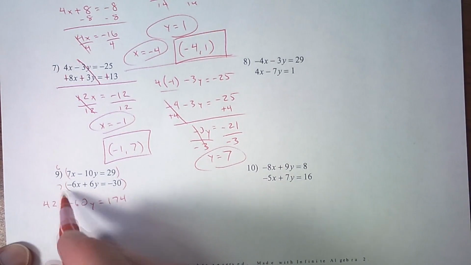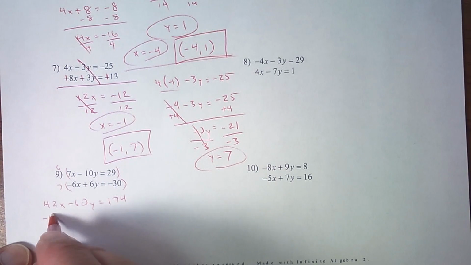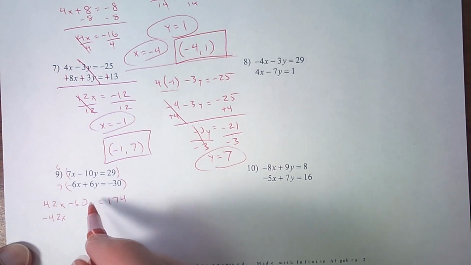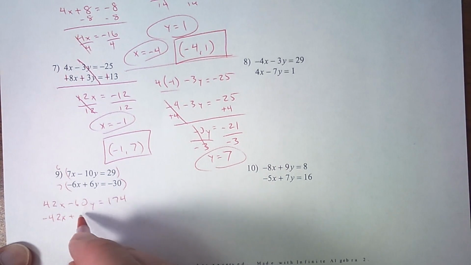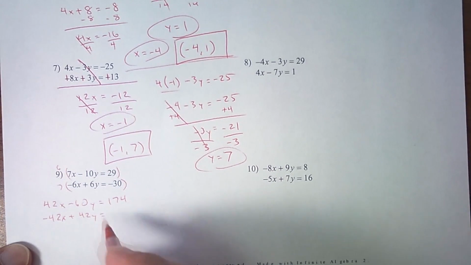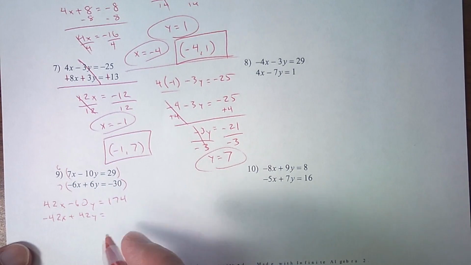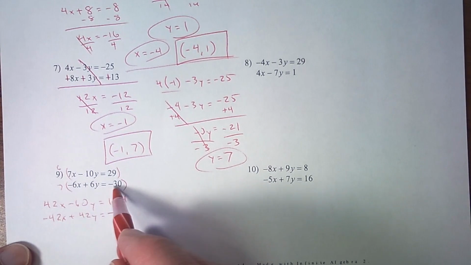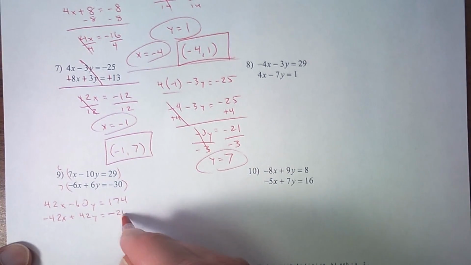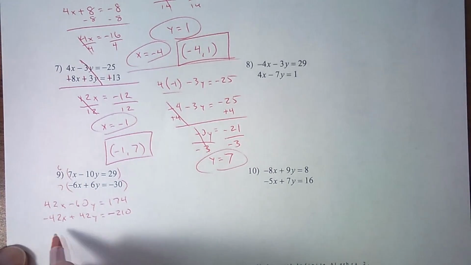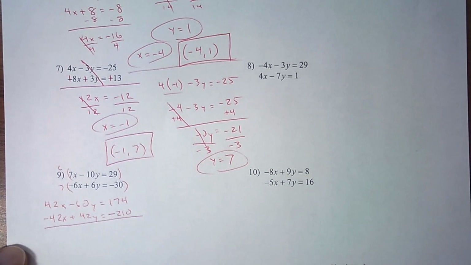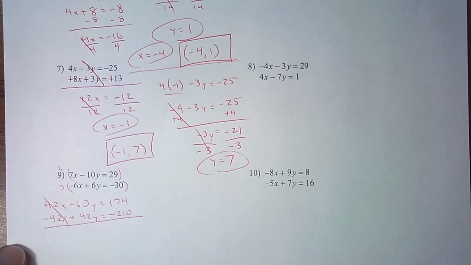Okay, and then distribute this 7. 7 times negative 6 is negative 42x plus 42y equals, okay, and then 7 times negative 30 is negative. 7 times 3 is 21, so that must be negative 210. Okay, x's are gone. Negative 60 plus 42.